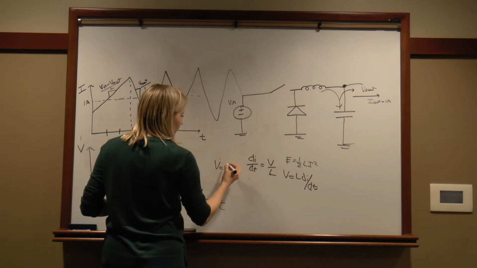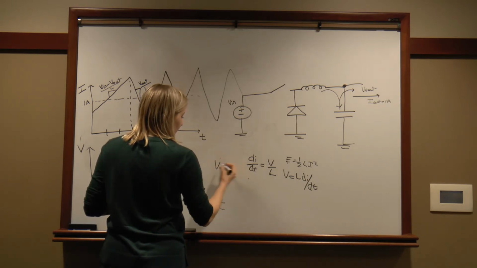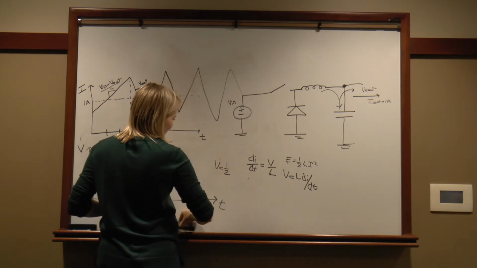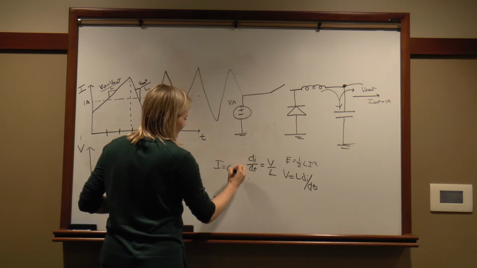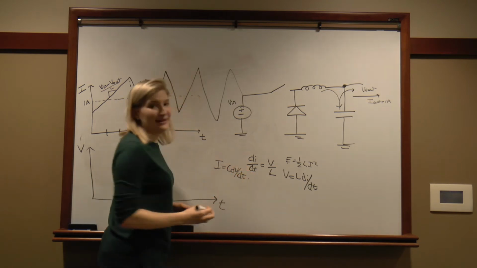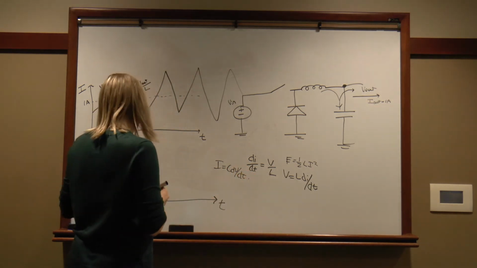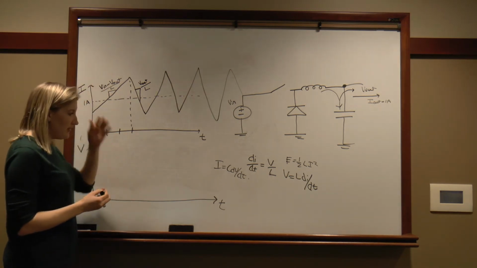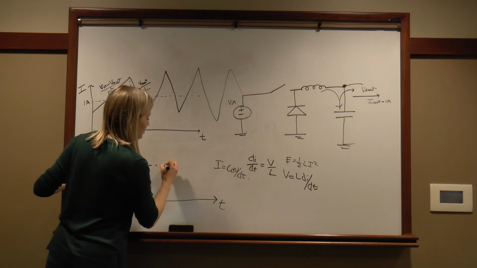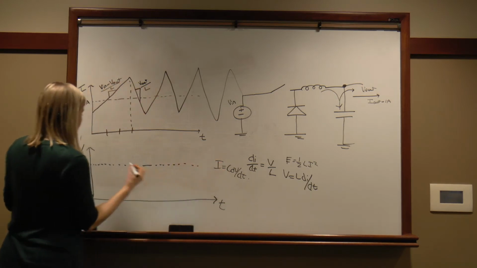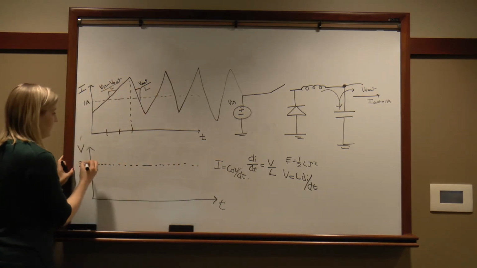So the capacitor, I equals C dV over dt. Getting my equations confused. So if we're going to plot the capacitor voltage, we know that it's going to be centered on V out. So in this example, it's 3 volts.